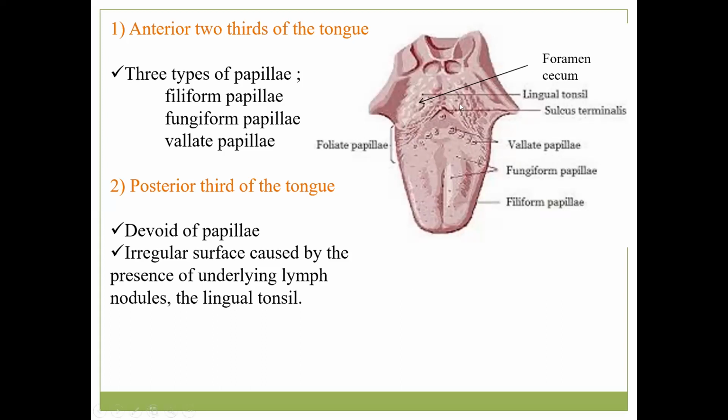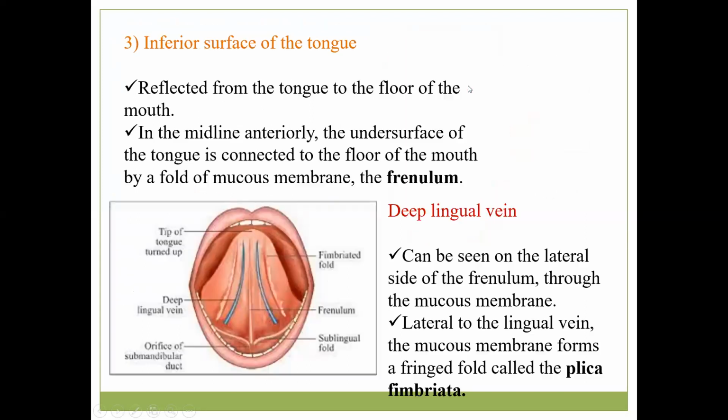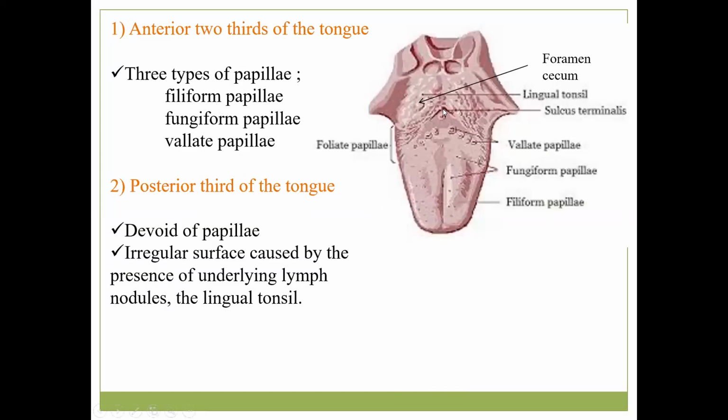This area is the sulcus terminalis. Here, this is the foramen cecum. This arrow has gone somewhat upper, but the apex of the V is the area where the foramen cecum is situated.